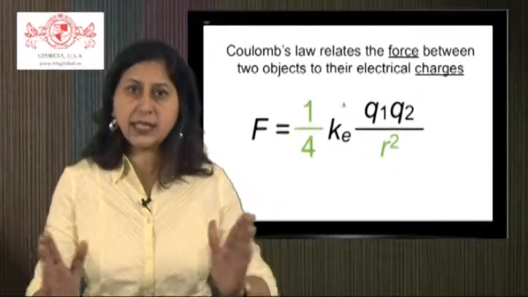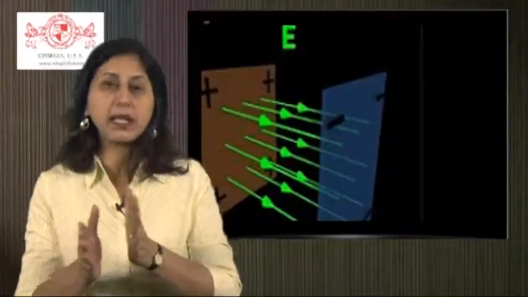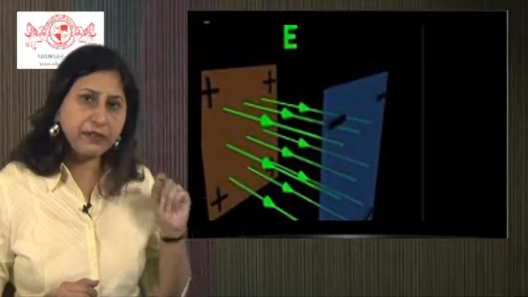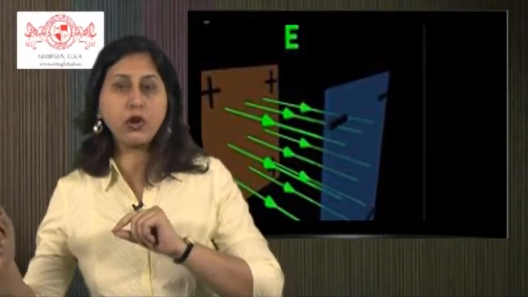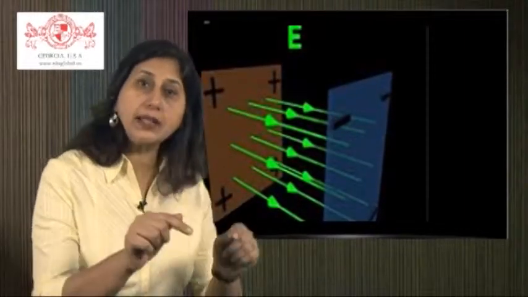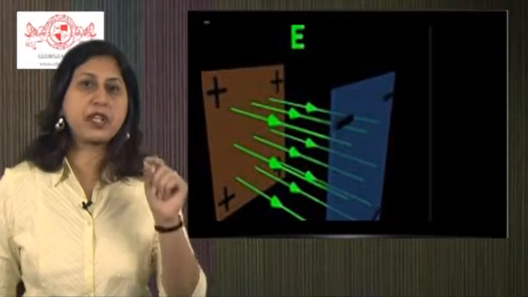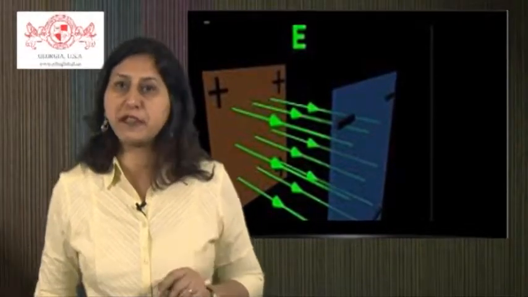An electric field surrounds electrically charged particles and time-varying magnetic fields. The electric field depicts the surrounding force of an electrically charged particle exerted on other electrically charged objects. The concept of an electric field was introduced by Michael Faraday.